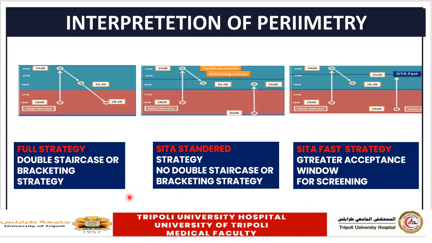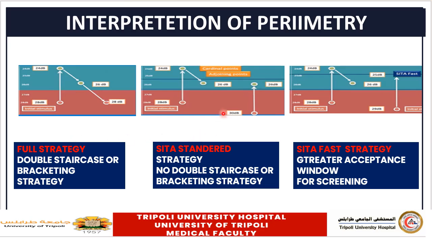So in summary, in comparison between the full threshold strategy, the SITA Standard strategy and the SITA Fast strategy: in the full threshold strategy, we do the double staircase strategy for the 4 cardinal points and another extra 6 points. And we repeat the test more than once to determine the inter-test fluctuation and test variability.